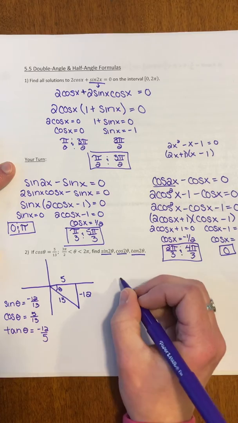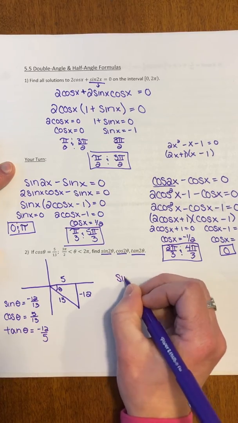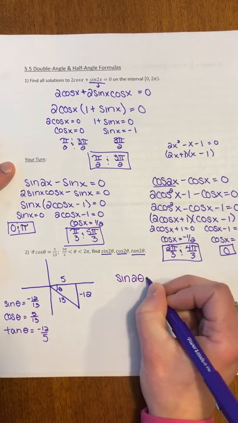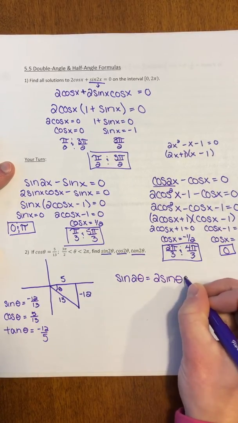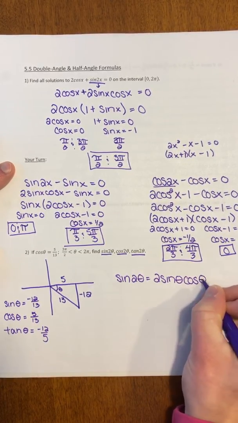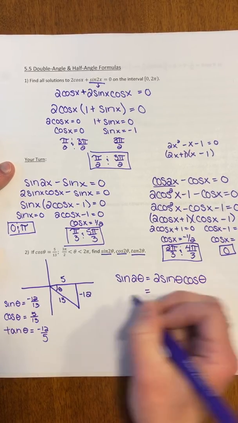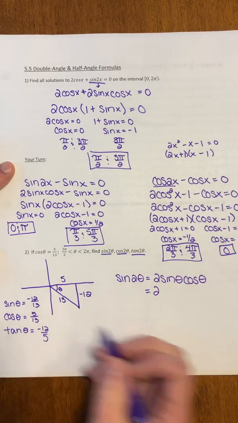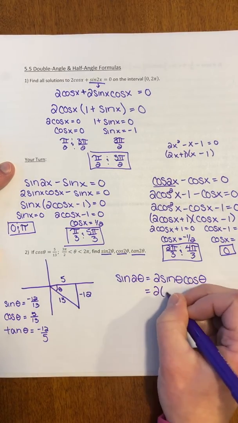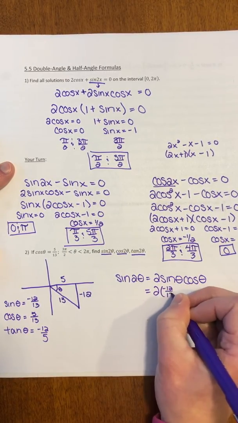All right, so if I want to do sine of 2 theta, it's equal to 2 sine theta cosine theta. So it's going to equal 2, well, sine of theta is negative 12 over 13, so times negative 12 over 13.